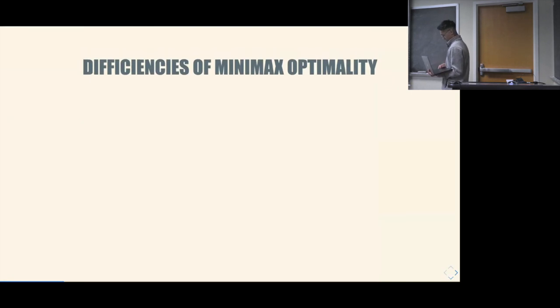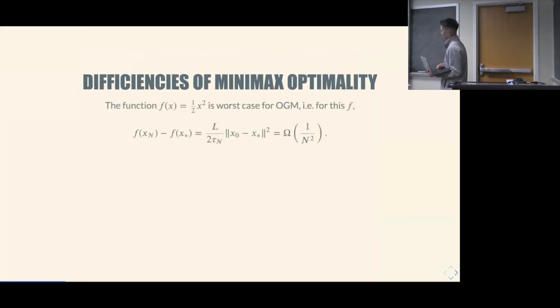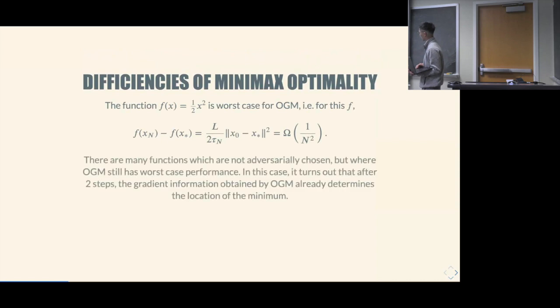The reason is that OGM performs as badly on this function, 1/2 x squared, as it does on the hard function that Drury cooked up. This is a surprising behavior, because you would expect that if this algorithm is going to perform well on the hardest functions, it should perform even better on an easy function, a function which has a very nice explicit form.